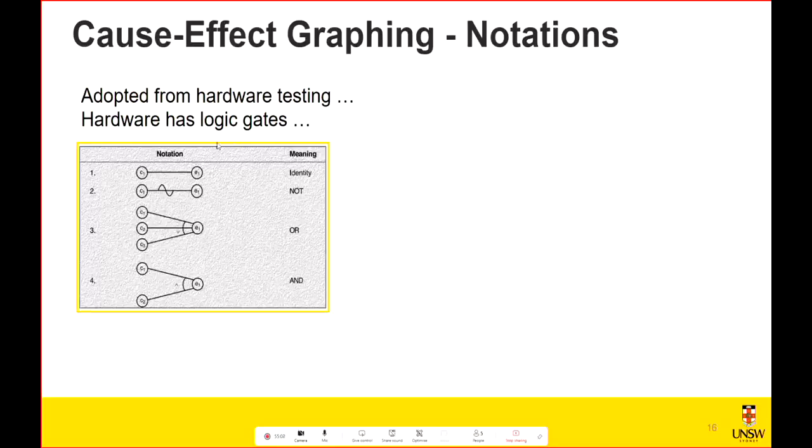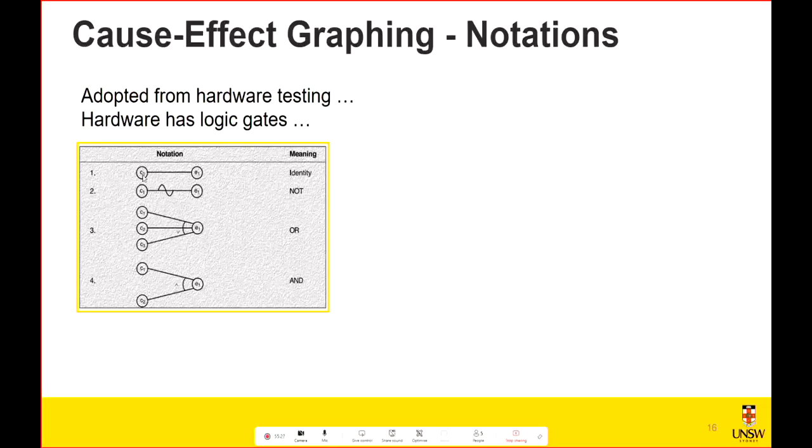So this is one of the types of notations. This image is from a textbook, and you can see it's very old school style. So it's a very old technique, and this is one of the notations here.